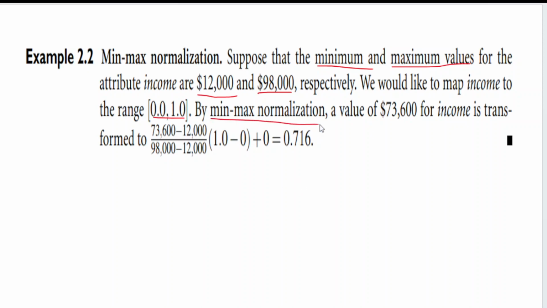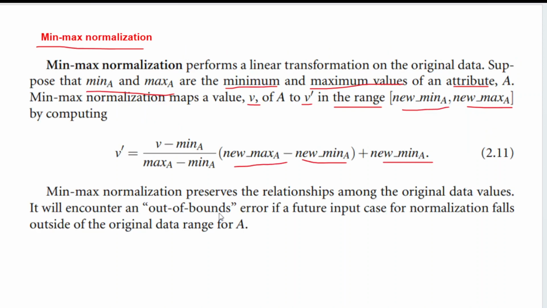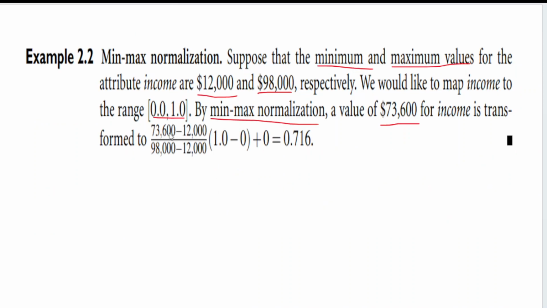So now I will go for the min-max normalization. I want to normalize this particular value, 73,600 for the income, which is transformed into, using the previous equation: V minus min A. What is V here?